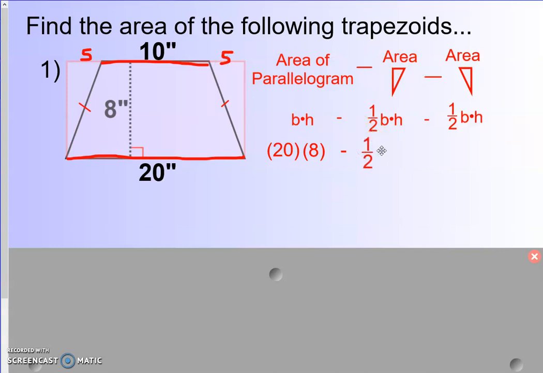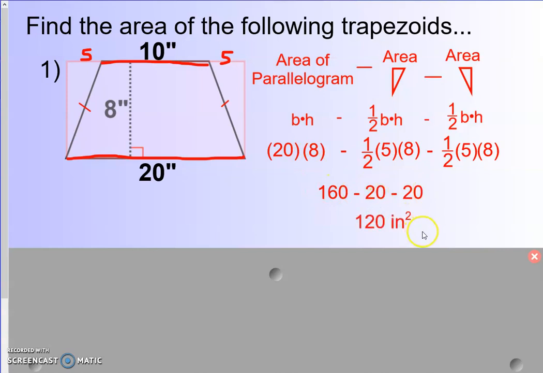And so that would be 1/2 times the base, 5, times the height. Now the height of this triangle is 8. It's the same as the height of the rectangle. And same thing over here. And so the three things I want to see: formula, the numbers you plug in, and then the answer. So when I clean up these numbers, I end up getting 120 square inches.